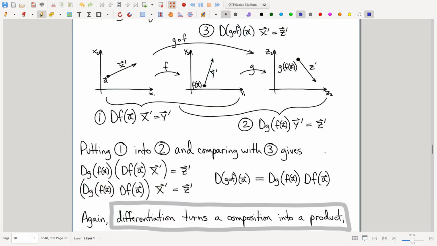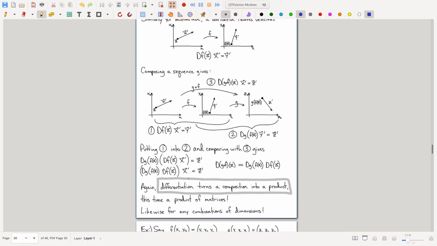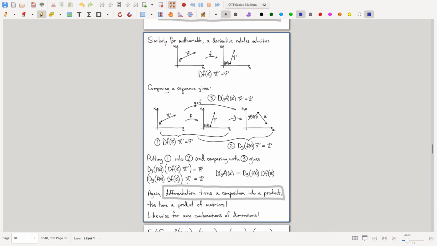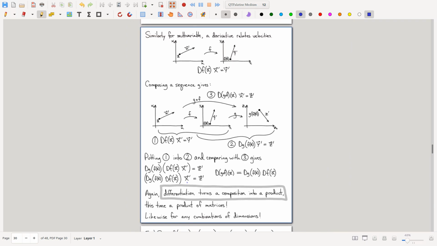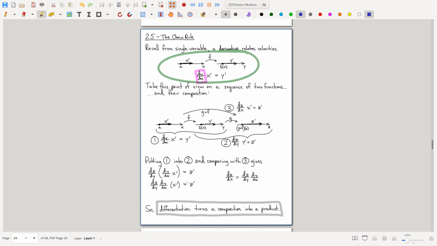So I think there's a lot of benefit to be gained. I'm a big fan of this point of view. Looking at this page here, this is my take on what the multivariable chain rule is and why it works. Compare that to this page where we were talking about the single variable chain rule.